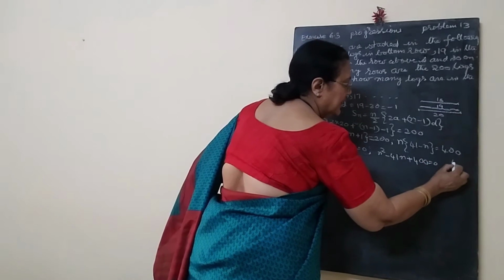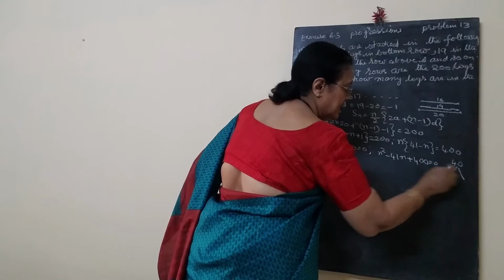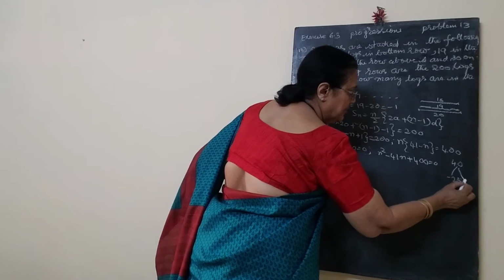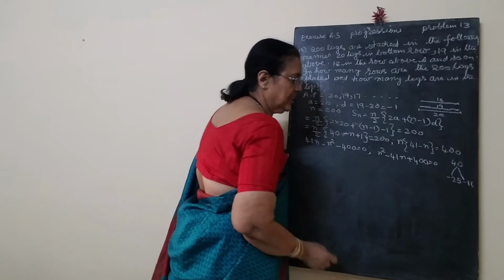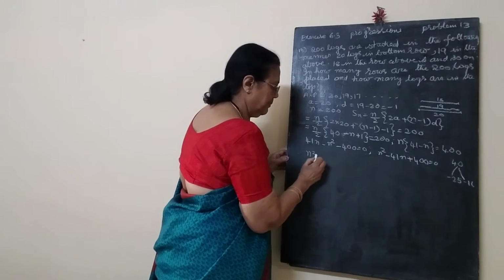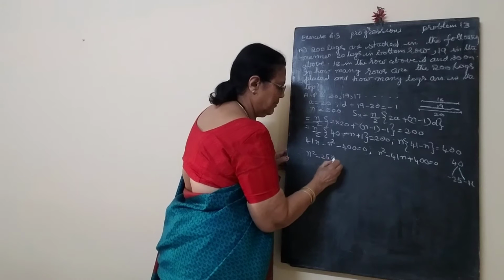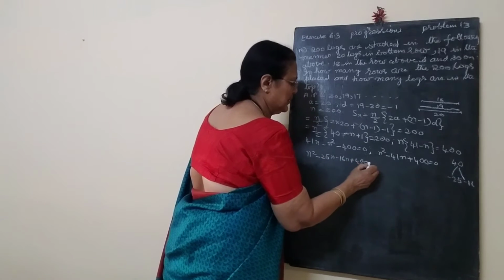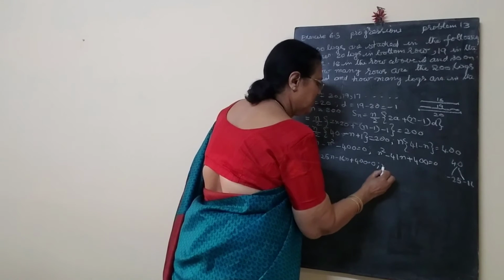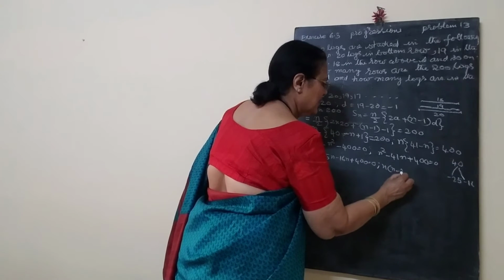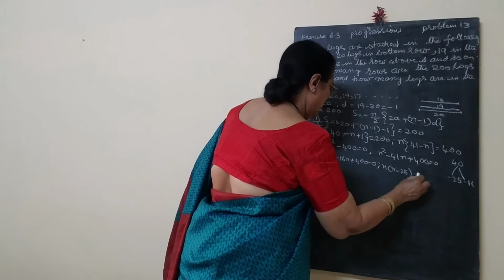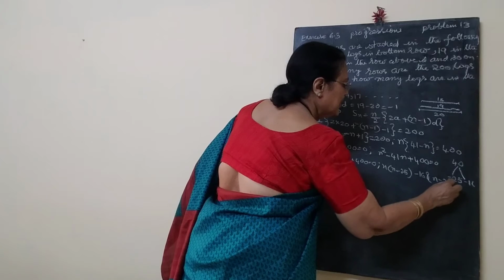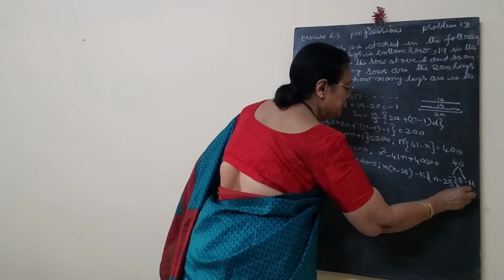400 can be written, you have to get a minus sign, as minus 25 into minus 16. So n square minus 25n minus 16n plus 400 is equal to 0. N into n minus 25 minus 16 into n minus 25 is equal to 0.